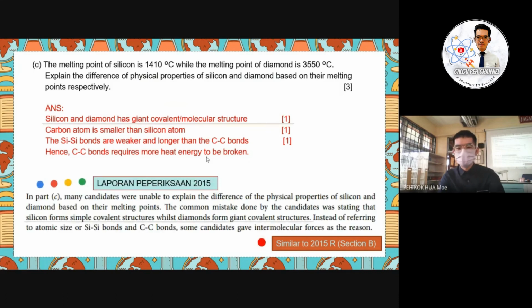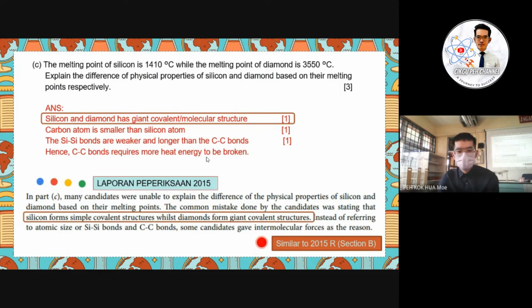The Laporan here mentions the students' common mistake: they assume that silicon, which has a lower melting point, is a simple molecule structure, but here both have the same structure. This is the first mark to give. You not only compare the size, bond length, and strength; you have to state the structure first.